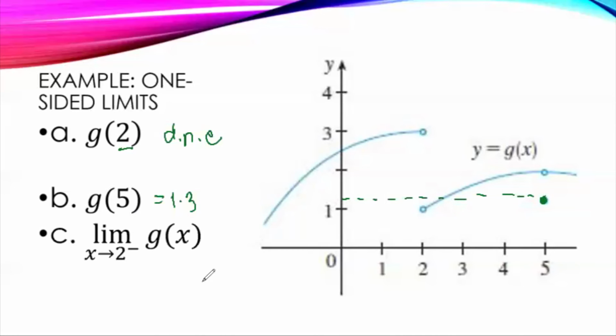Next is the limit of g of x as x approaches 2 from the left. So first, you have to look at where we are making the x values approach. Using this, what is the limit of this function as x approaches 2 from the left? So this is 2, right?